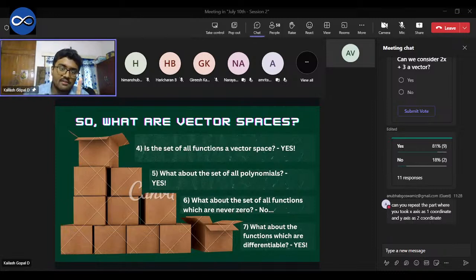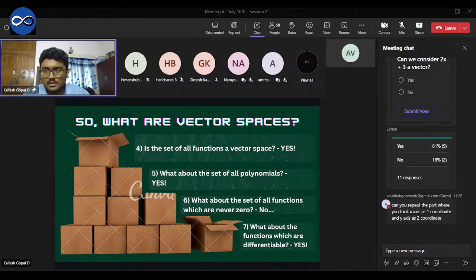So consider all the functions with 3 input points. F of 1 is say 2, f of 2 is 2, f of 3 is 3 or something. That is the vector 2, 2, 3. There are 3 input points, so it's a 3-dimensional vector. And each vector represents a function. Let's say I have the vector 100, 2, 5.